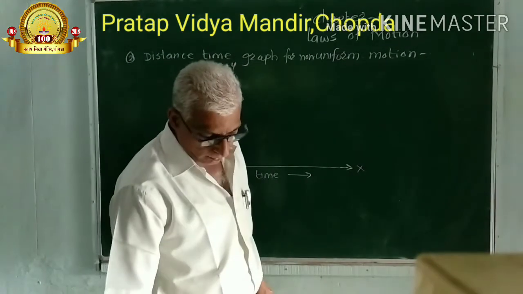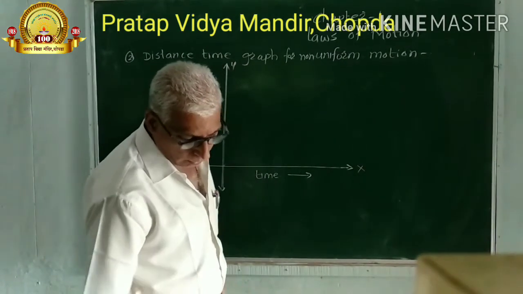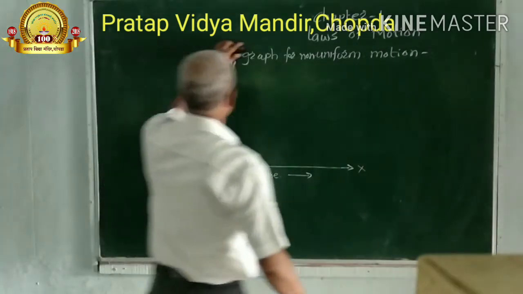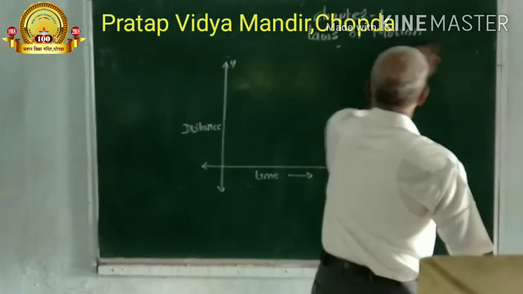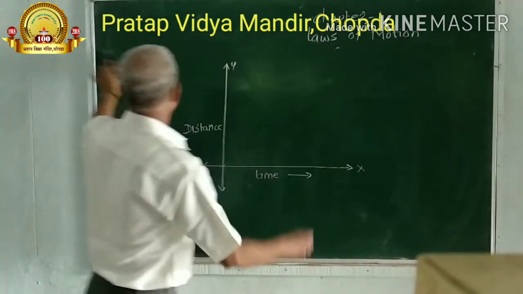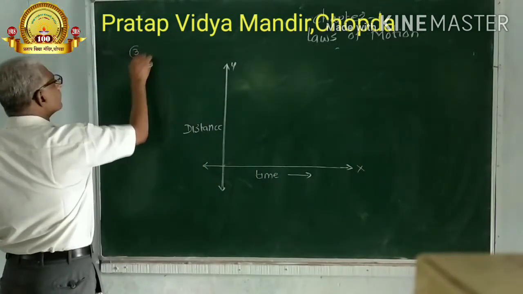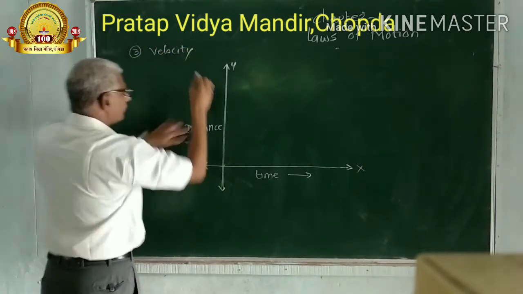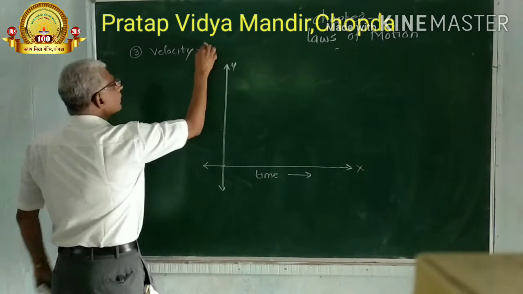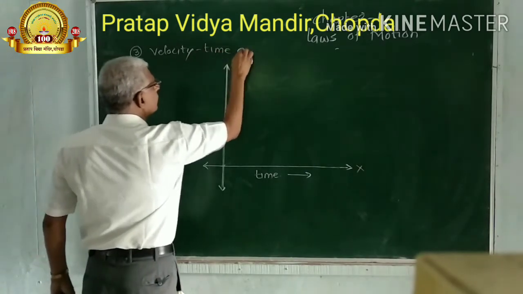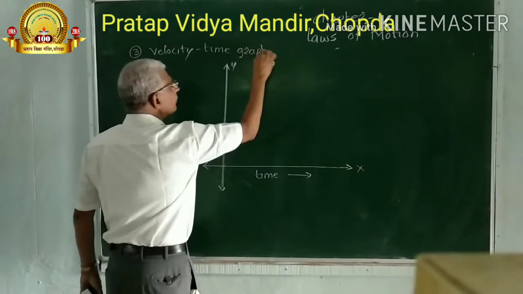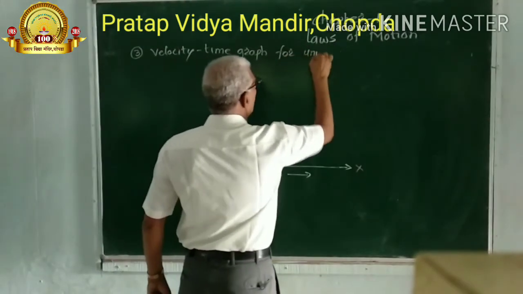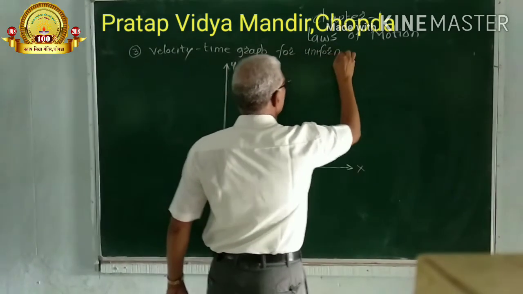Then the third point, velocity-time graph for uniform velocity.